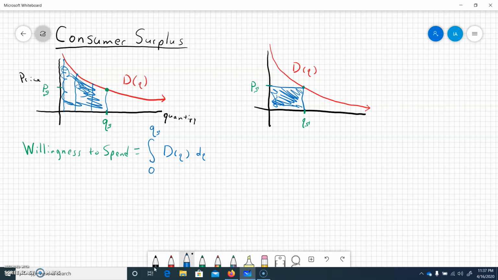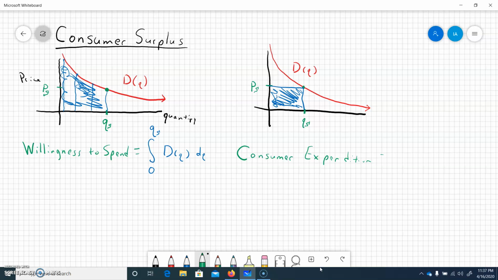And we would call this the consumer expenditure. So this is the consumer, didn't expect that to turn into an O. Consumer expenditure.